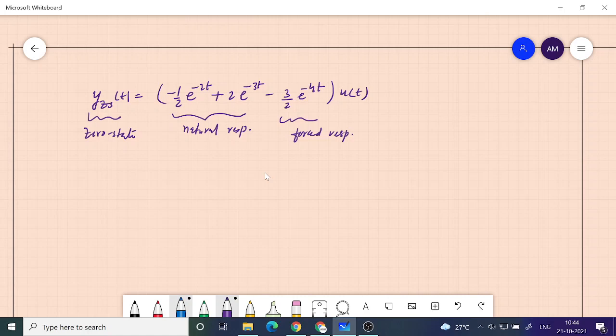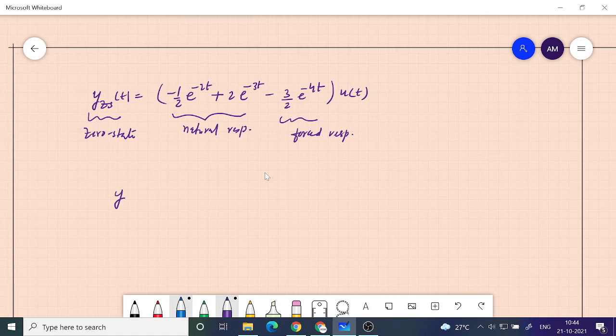But if the system also has non-zero initial conditions, there is an additional part which is not mentioned here. So the other method, what we usually do, is we find the complementary solution and we don't write the constants here.